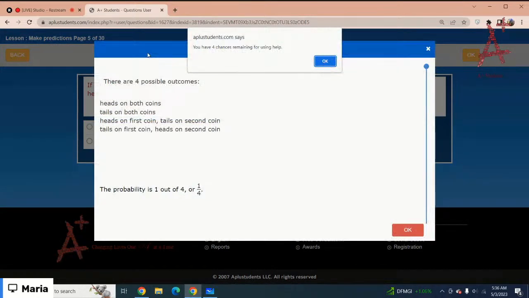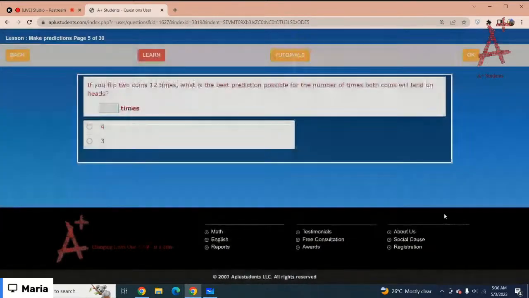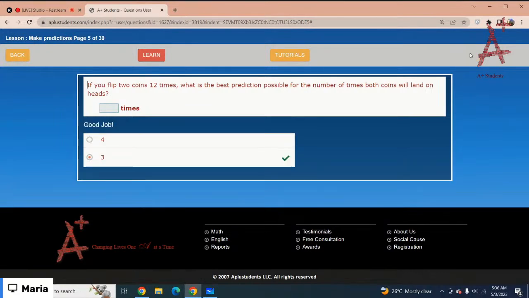There are 4 outcomes possible: heads on both coins, tails on both coins, heads on the first and tails on the second, and tails on the first and heads on the second. So the probability is 1 out of 4. Like both landing on heads is just 1 out of 4. Got it? So you did this how many times? 12 times. So 1 by 4 times 12 is 3. That means only 3 times both coins land on heads.